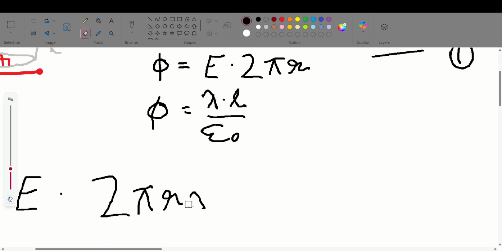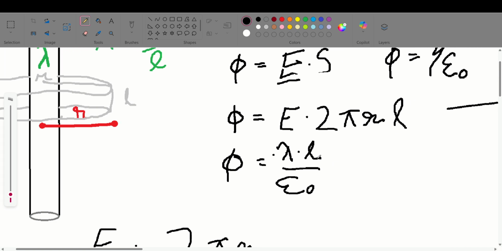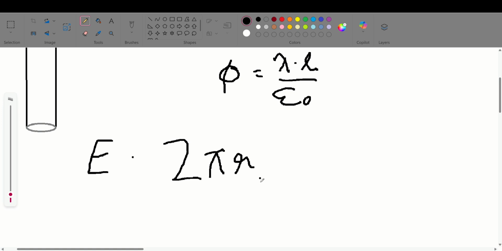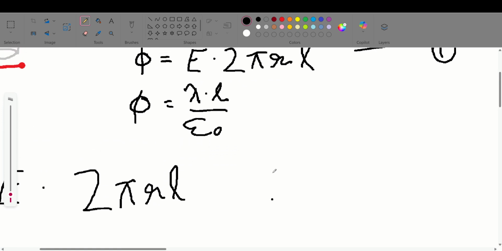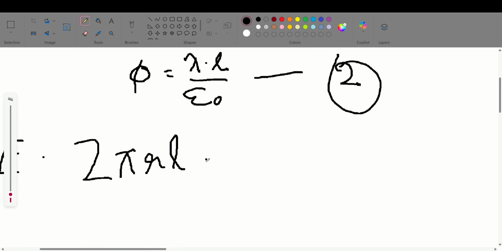So instead of an h, I'll just place down an L, because that is the height of the cylinder here. So flux will be E times 2 pi r L, as I've written down here, and we use the second equation and equate both of these.